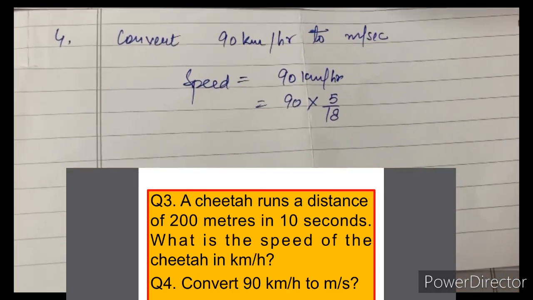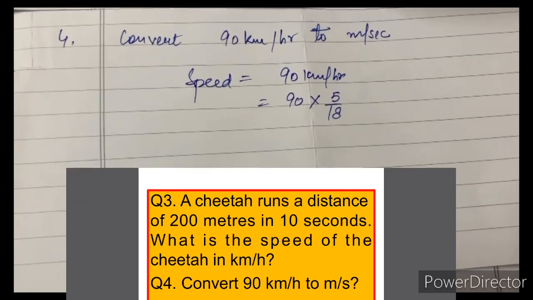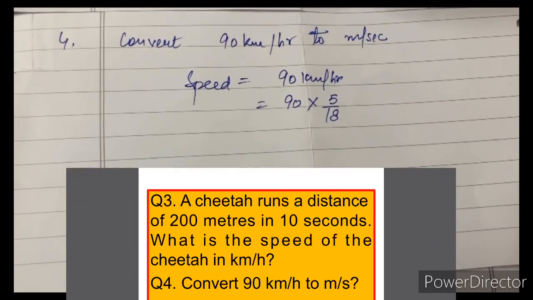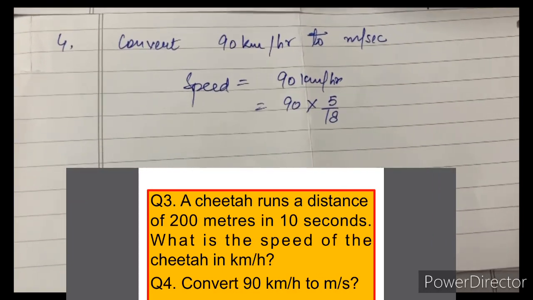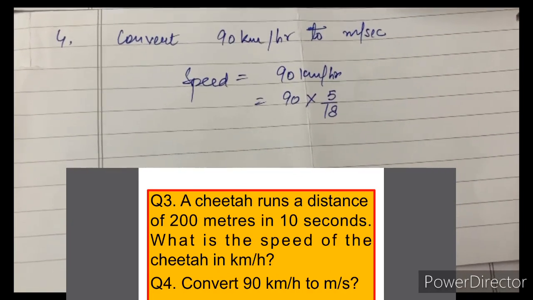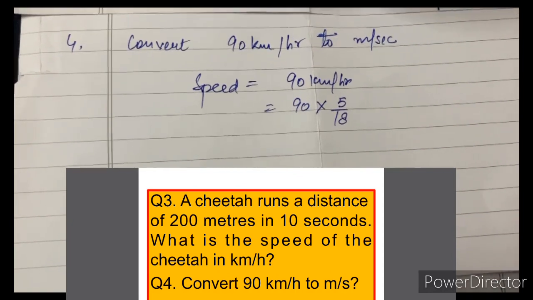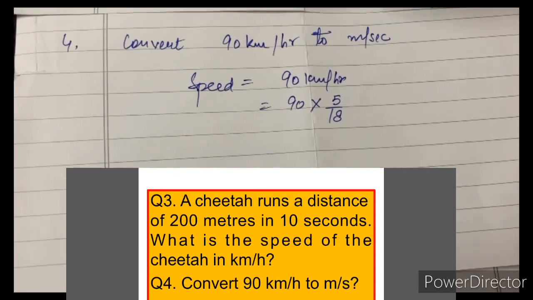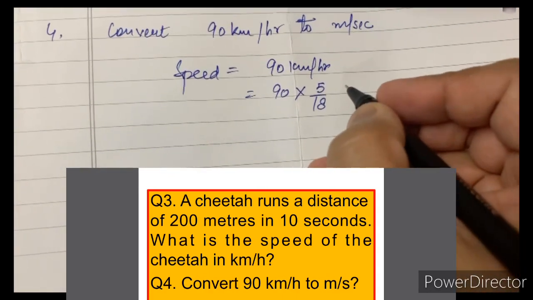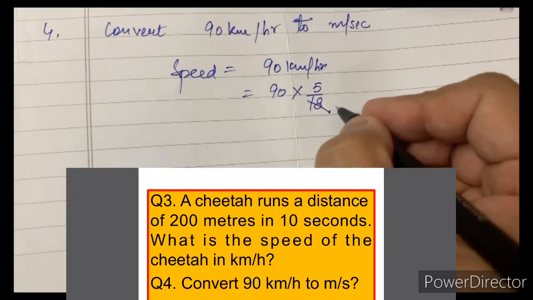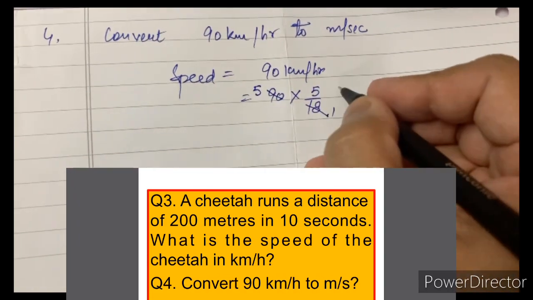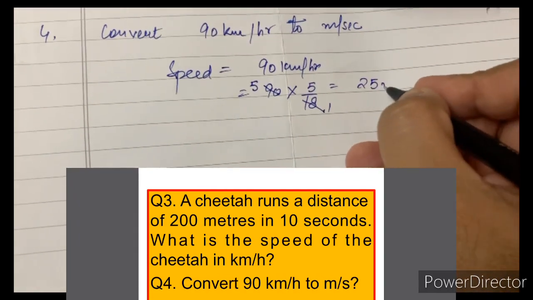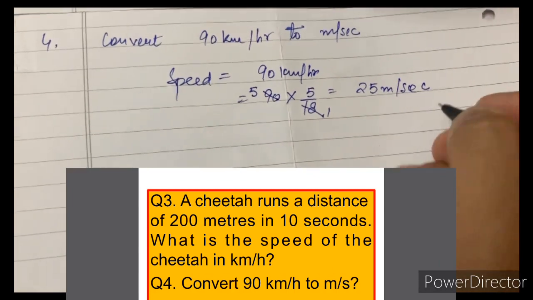In the previous question, we multiplied 20 meter per second with 18 upon 5. Now it is the opposite question, so we have to multiply this 90 with the reciprocal of 5/18. When we cancel, 18 ones are 18, 5 times 5 are 25, we get 25 meter per second as an answer.